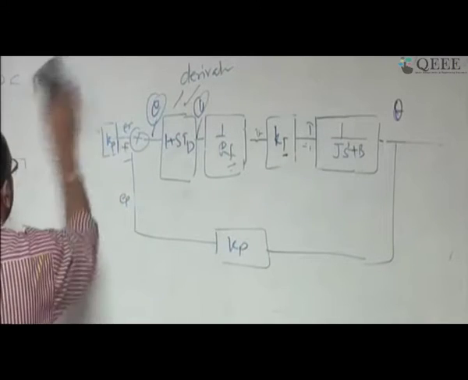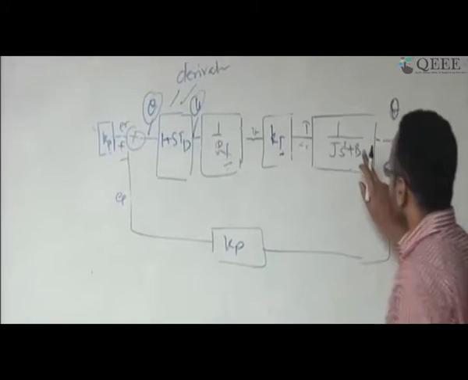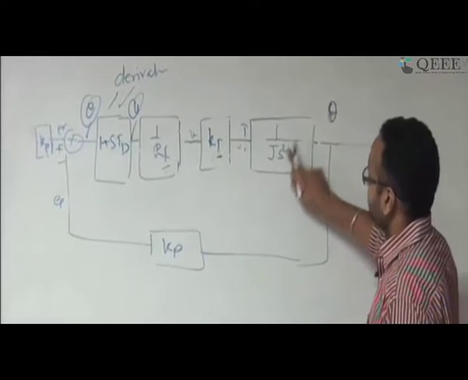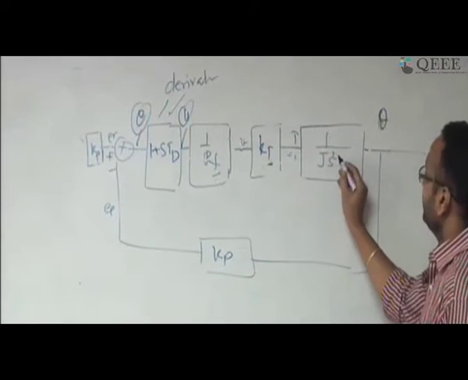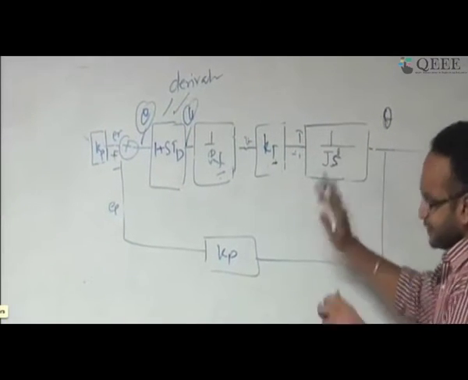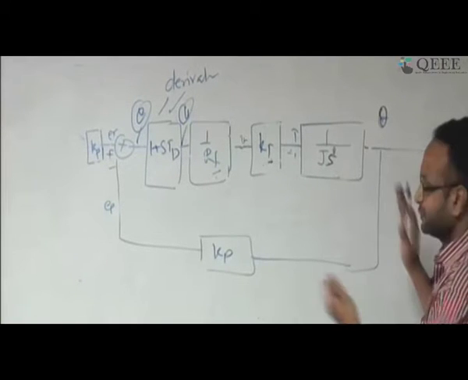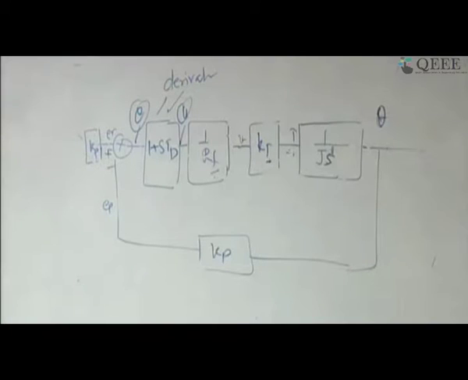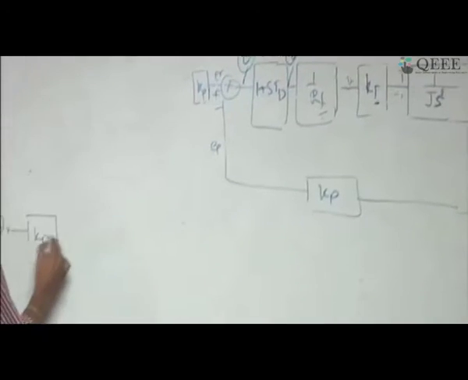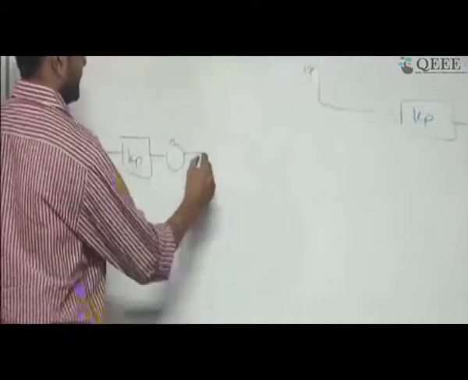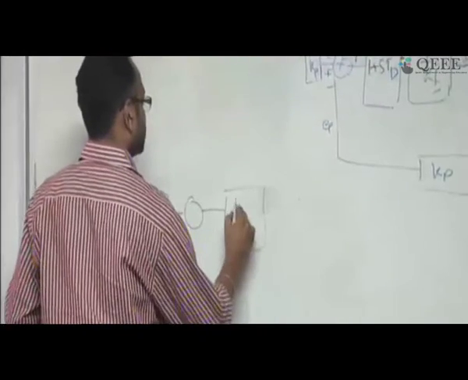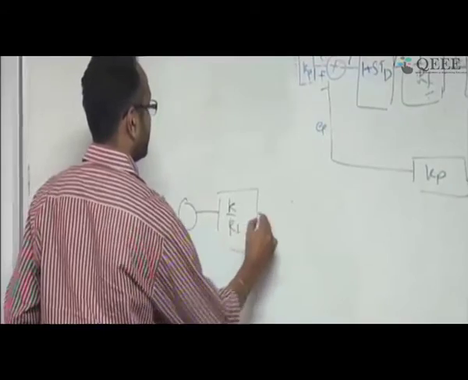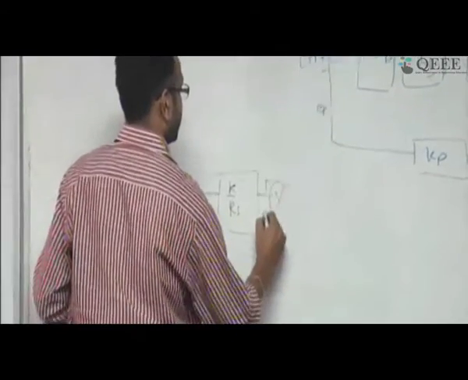Okay. Now for the time being, let me assume the viscous friction constant is 0. So my transfer function is only J s squared, because what I am going to talk about will be true for the other cases also. Now let me use theta r, Kp, and let me use only some K by Rf, plus minus.